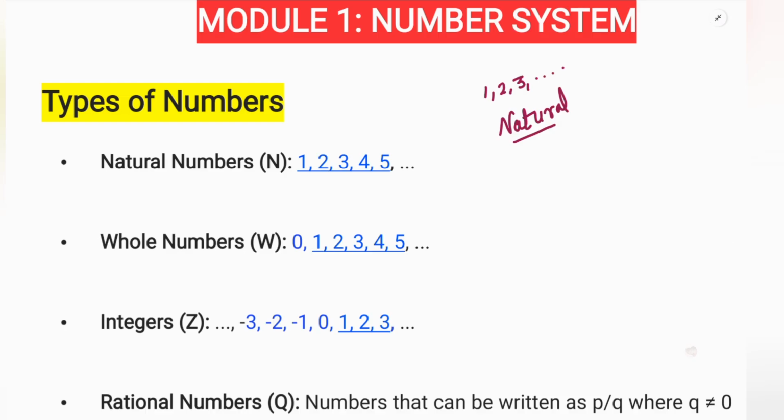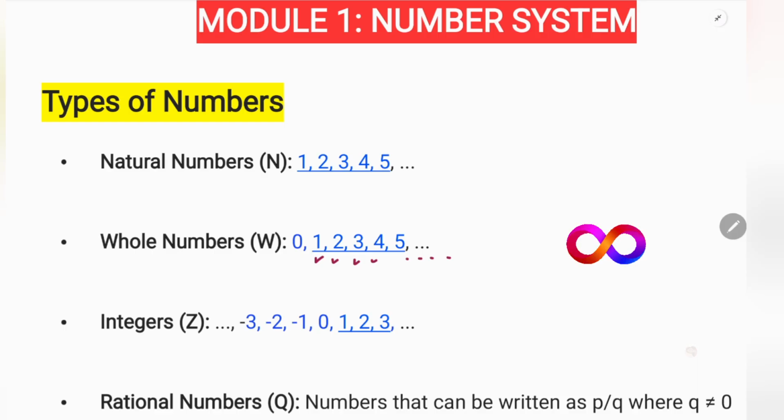Okay. So if I add 0 to these numbers 1, 2, 3, they go on up to infinity. Infinity means not defined. We don't know what is the last number. Okay, so if I add 0 as well in these numbers, then these numbers are known as whole numbers.